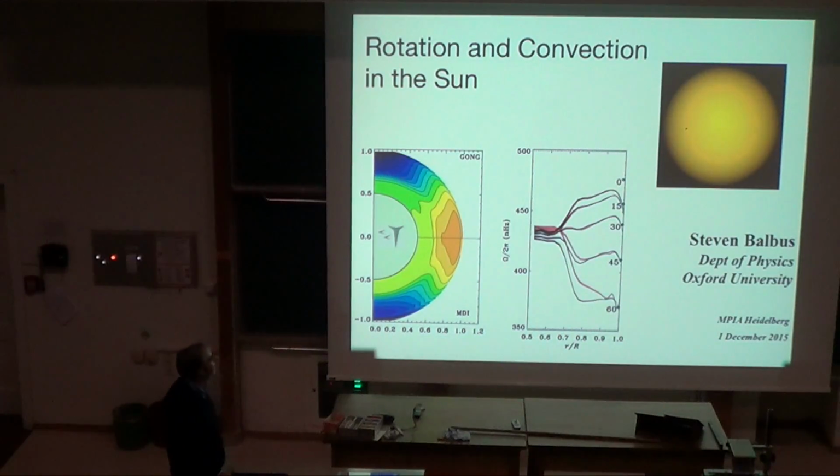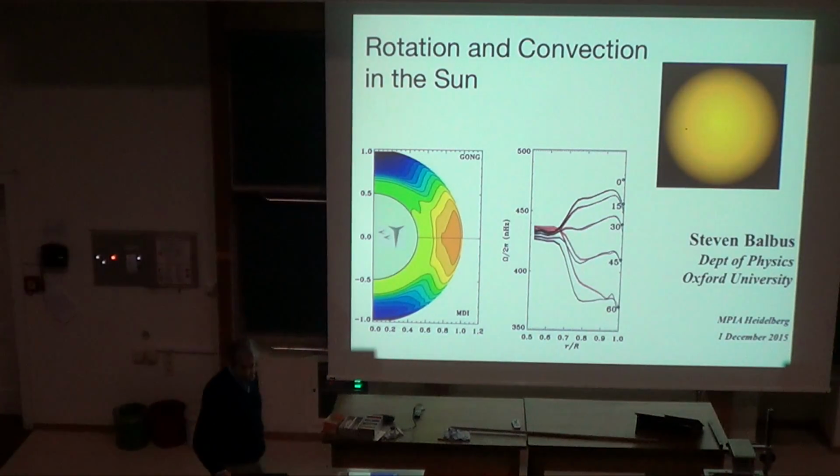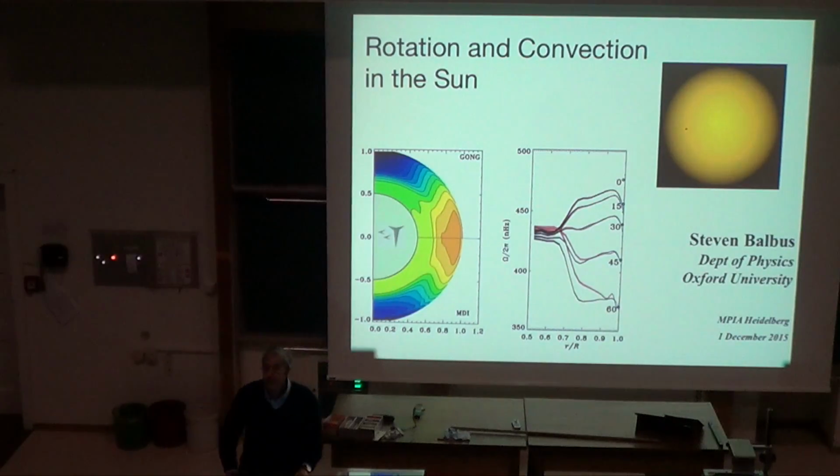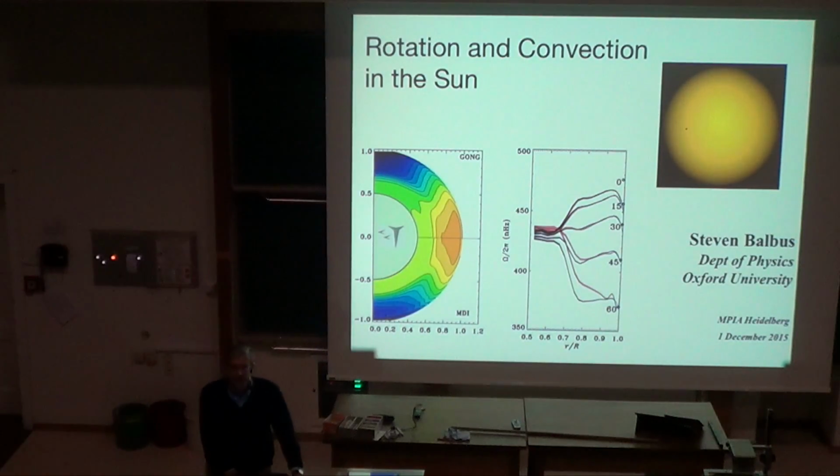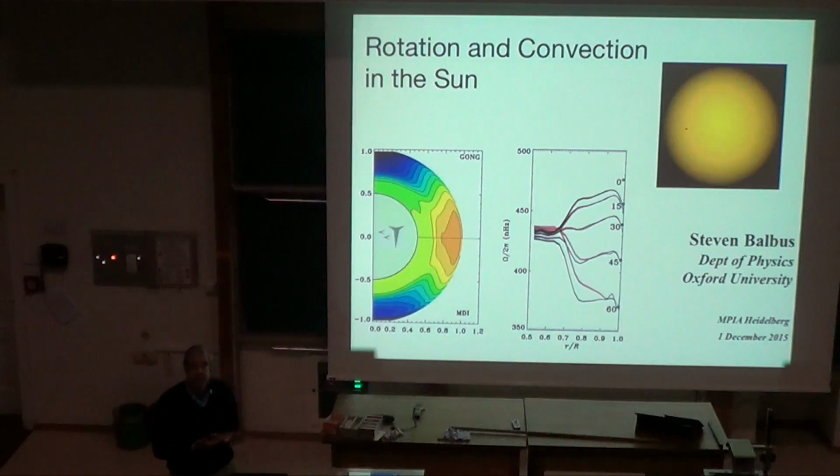But recently, by recently I mean sort of toward the end of the century, late 1990s, we started to gather just a remarkable collection of data from helioseismology, looking at normal modes of the sun, which has enabled us to deduce a huge amount about what's going on in the sun's interior.